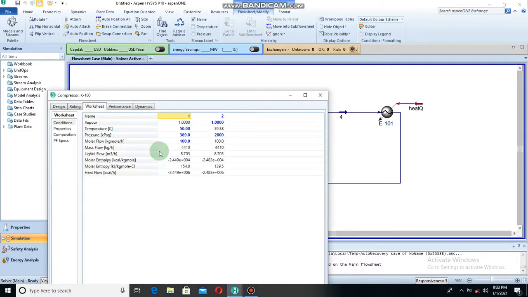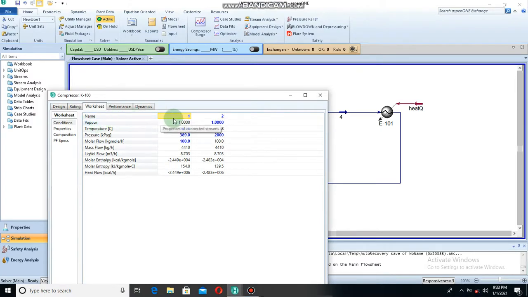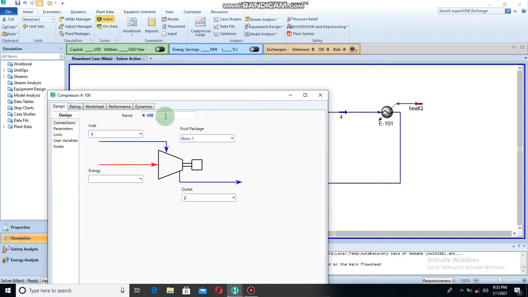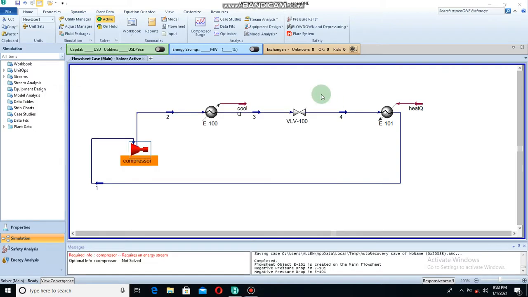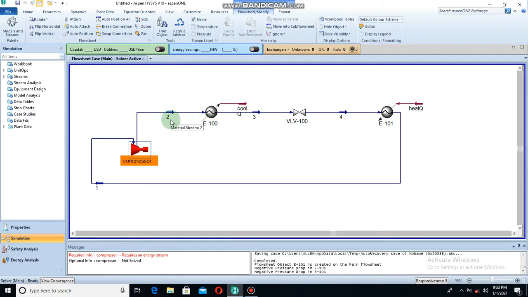So propane comes into a compressor, and out of the compressor at 2000 kPa into a cooler.